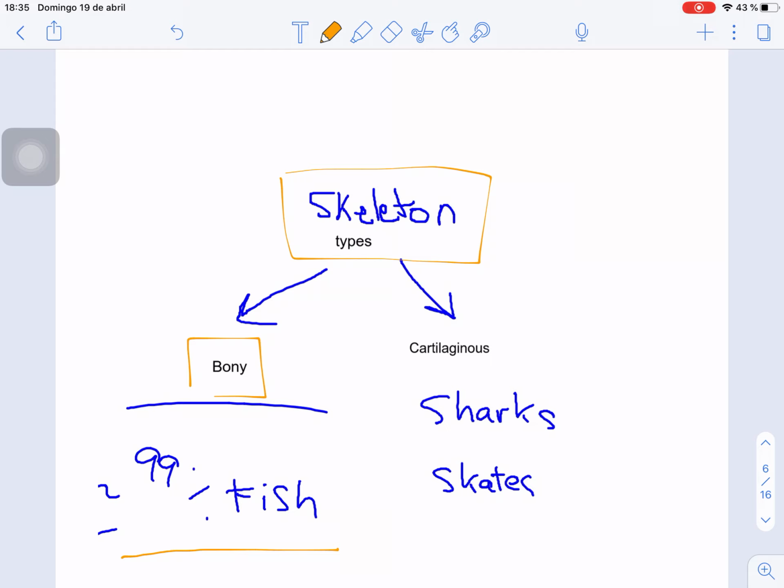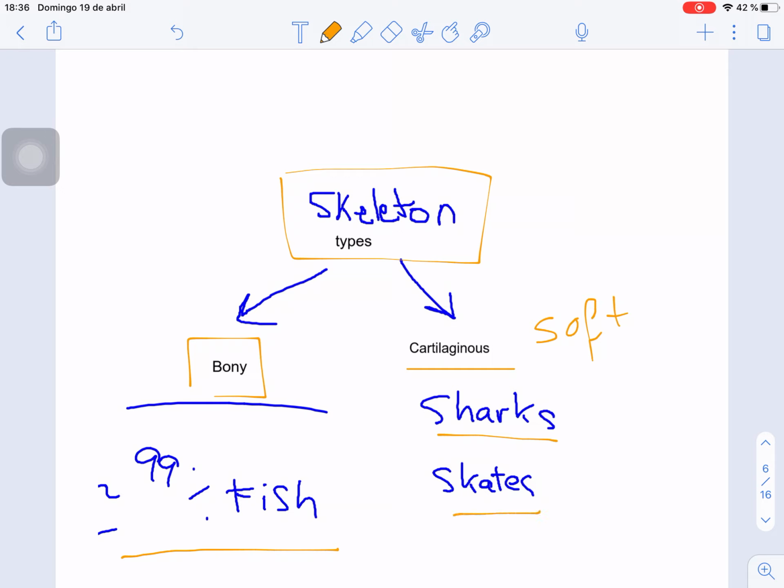But there is another group called cartilaginous, where the skeleton is softer. Imagine, it's like when you touch your nose, this is cartilaginous. Or you touch the lower part of your ear, this is cartilaginous. Examples of this kind of fish are sharks and skates.